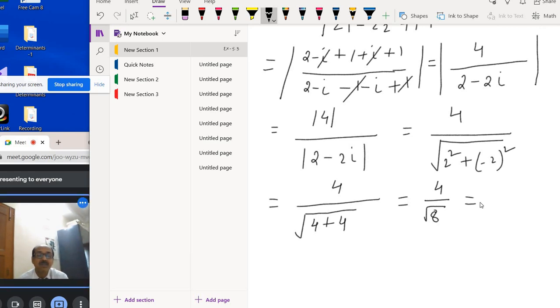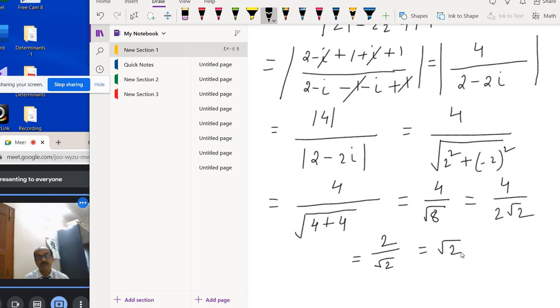And root 8 means 2 root 2, 4 into 2, that is 2 root 2. Okay, and this equal to 2 by root 2. And 2 by root 2 means root 2, because root 2 into root 2 is 2.